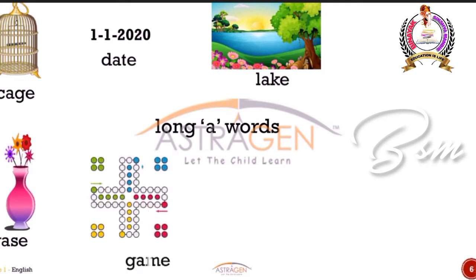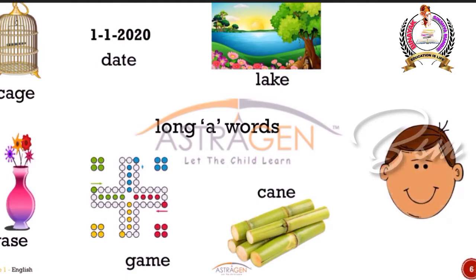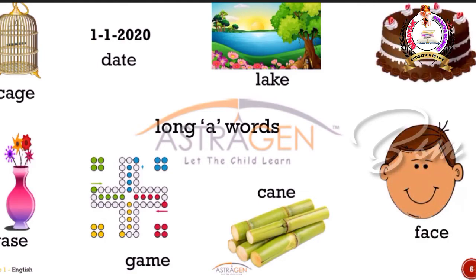That's a game, ludo. Cane, sugar cane. Face and cake. Did you see, children? All these words said the long A sound and all these words ended with E and they were silent.